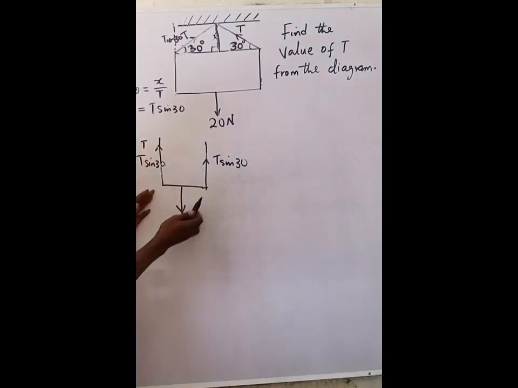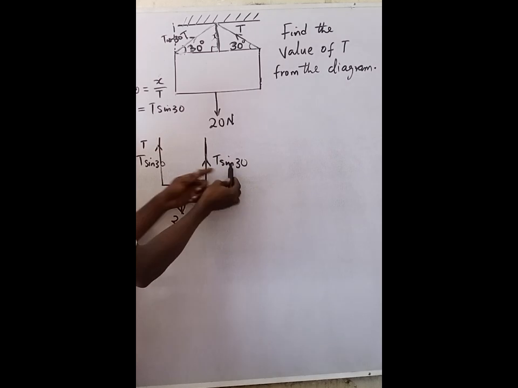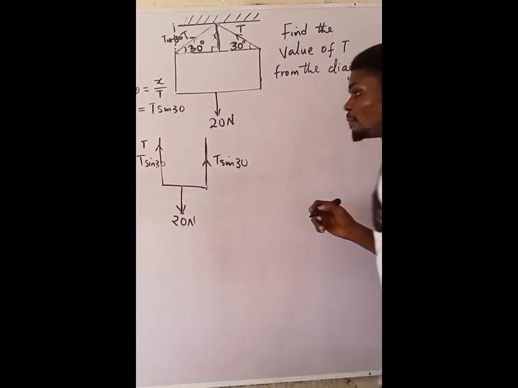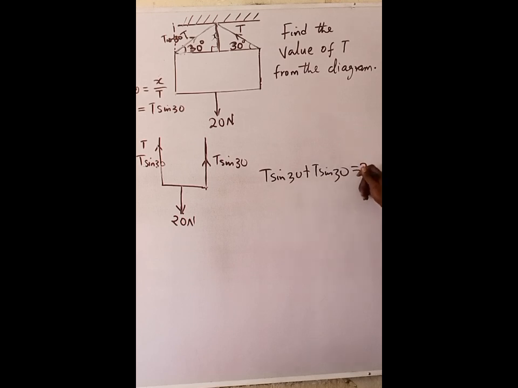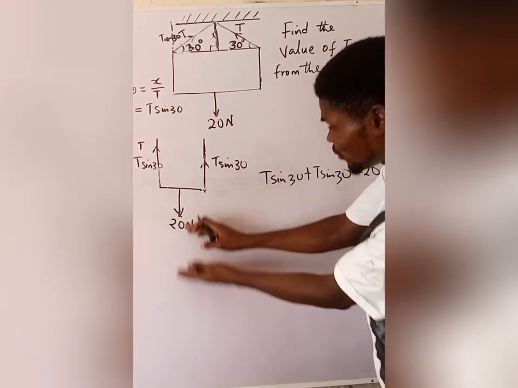From this diagram, we now have that the total upward forces, that is t sine 30 plus t sine 30, is equal to the total downward force, which is 20. So from that relationship, we have t sine 30 plus t sine 30 is equal to 20.